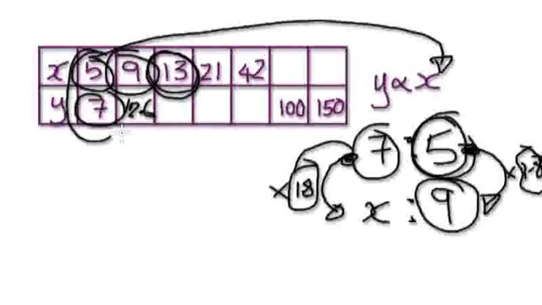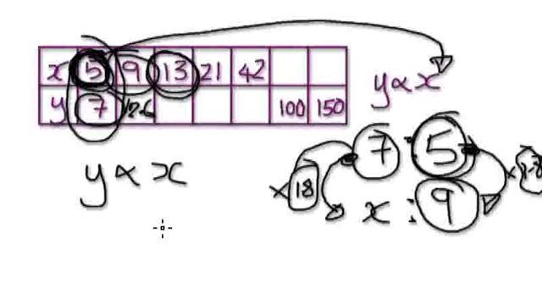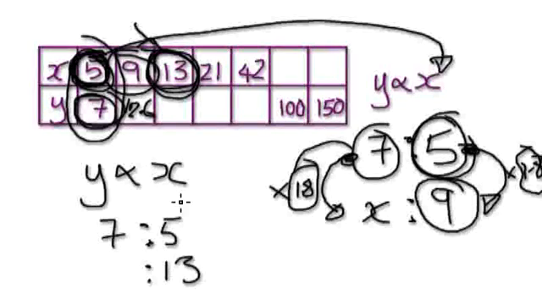Let's look at this bit here. This is x, so put it on the x side, and the 7 would be here. When it comes to the 13, remember, x is on our right and y is on our left, so you put 13 on the right hand side here.